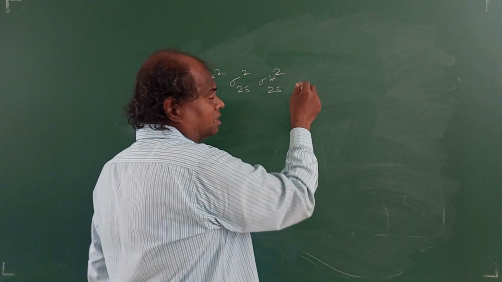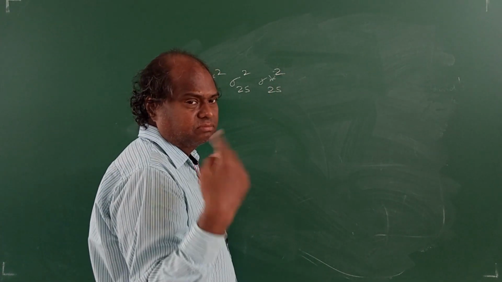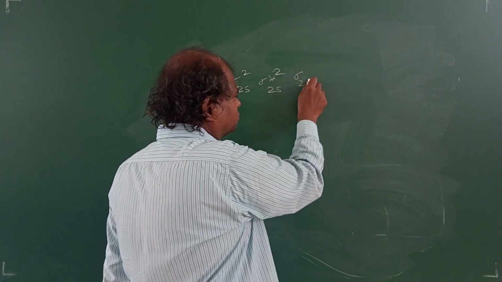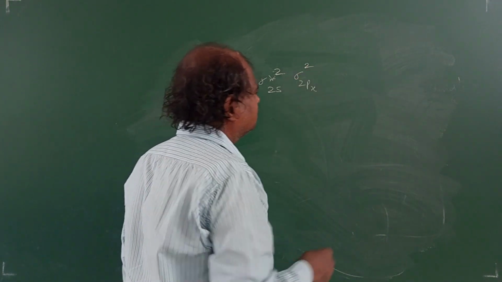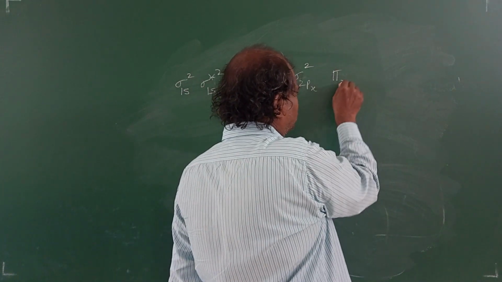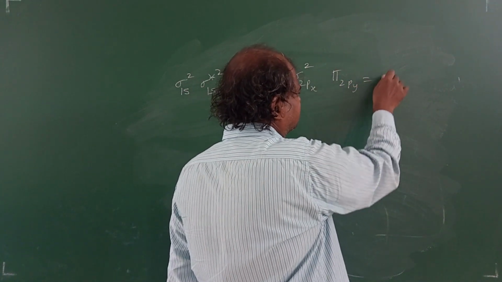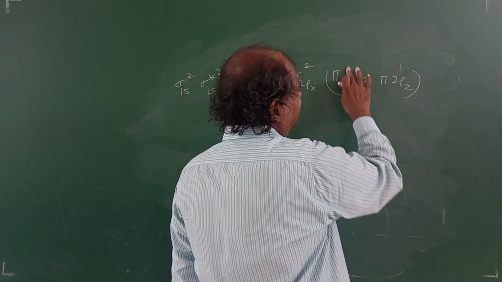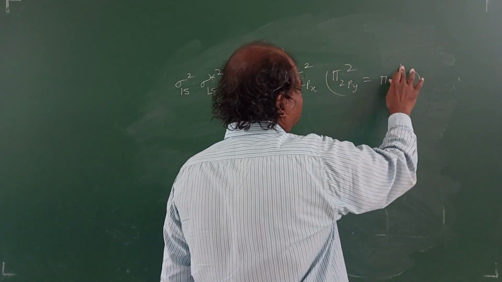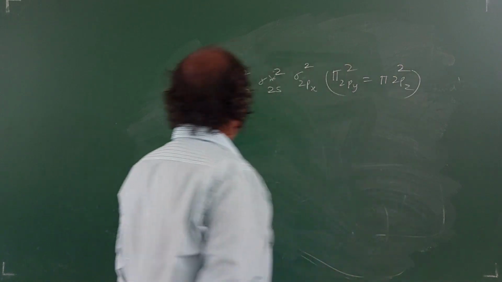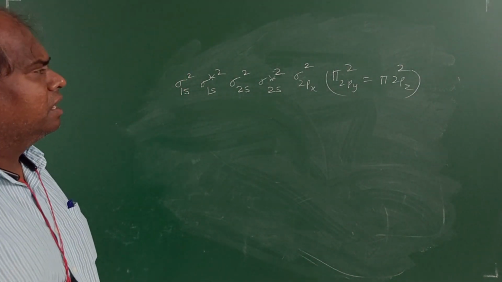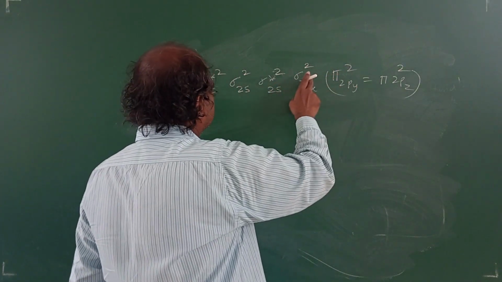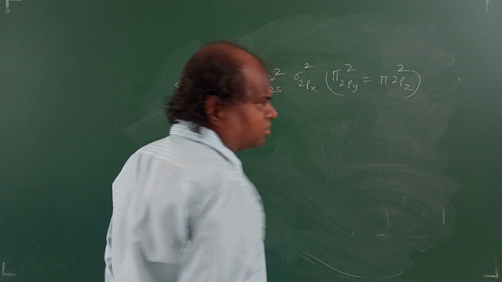Then what comes next? Remember, now there's a change in the diagram. Please remember that. Now what will come is sigma 2px2. Then pi 2py is equal to pi 2pz. You fill 1, 1, but then later on it becomes 2, 2, right? Now students, tell me how many electrons you have filled till now? 8 plus 2, 10, then 12, 14. 14 you have filled up, right?